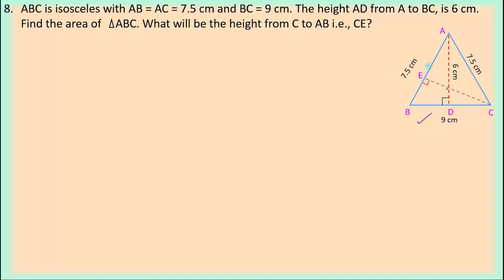Here it is given AB and AC are the equal sides, that is each equal to 7.5 centimeter, and BC equal to 9 centimeter, AD equal to 6 centimeter. Here first we have to find the area of triangle ABC, then the length of CE. So let us start.